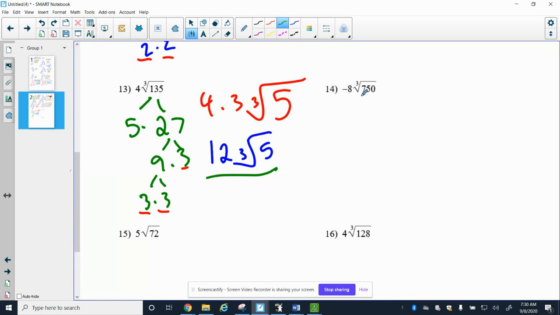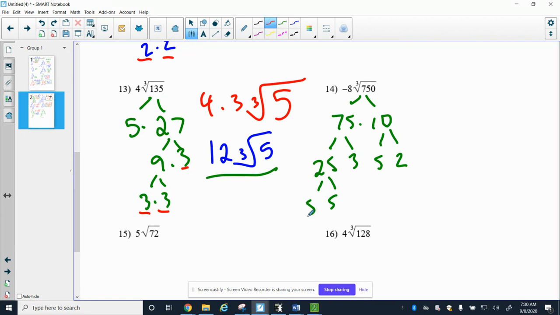Try one more together. So cube root of 750, tough one. So let's break this down. We'd have 75 and 10. Keep going. We'd have 25 and 3. 25 could break down to 5 and 5. And break that down to 5 and 2.